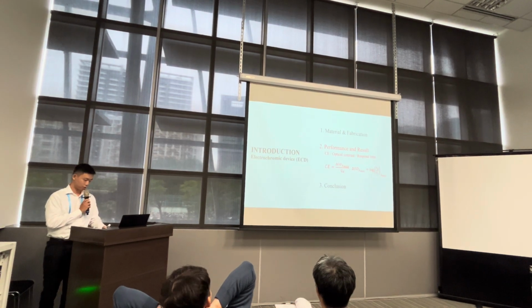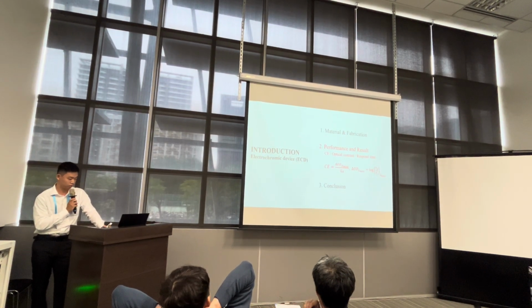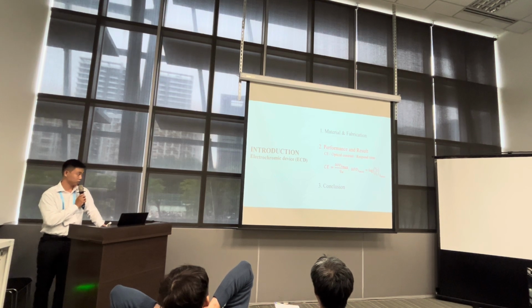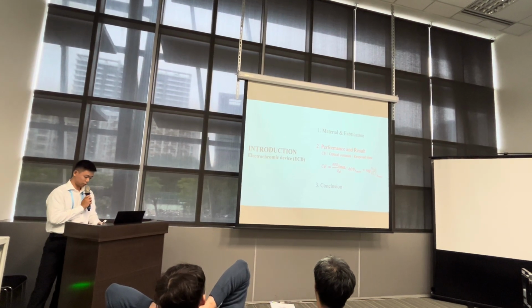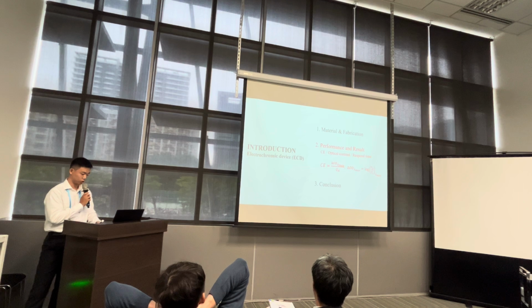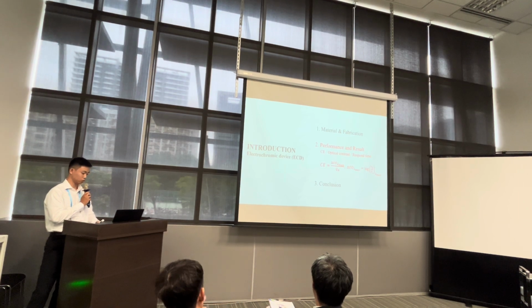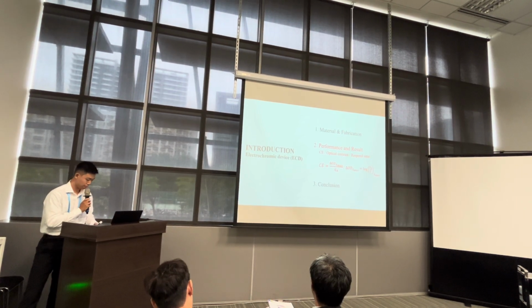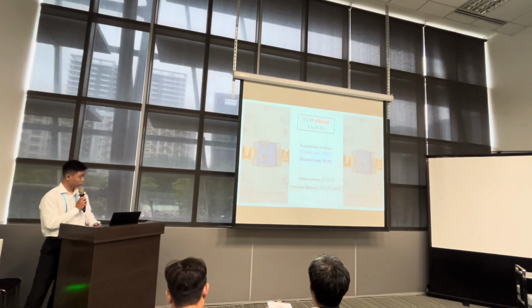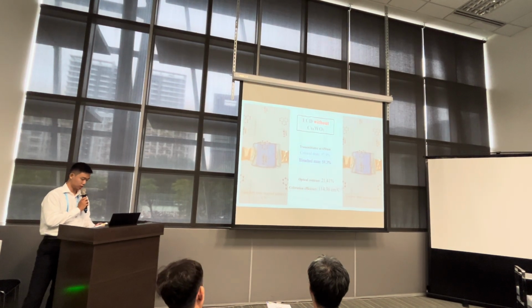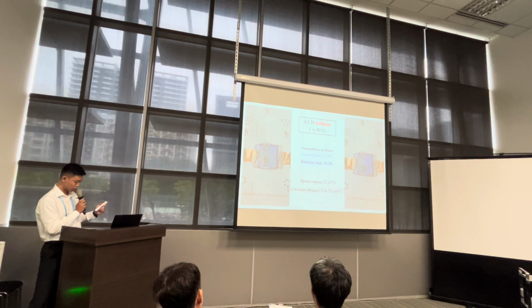Next we're talking about the performance of our device, using three important factors: coloration efficiency, optical contrast, and response time. On both sides you can see the visual of the reaction.